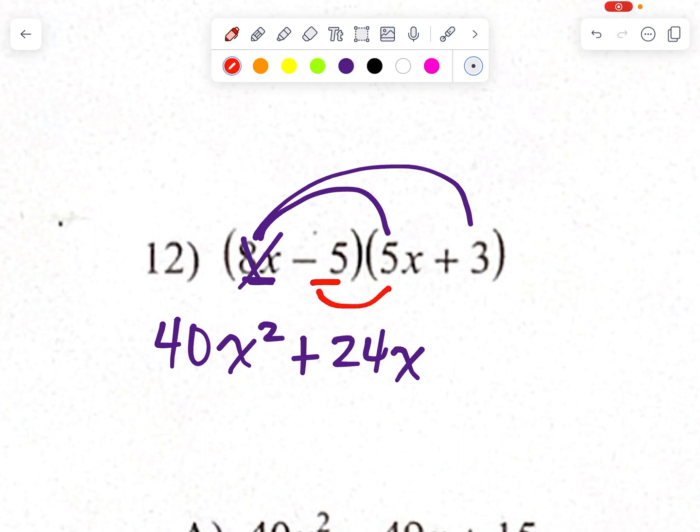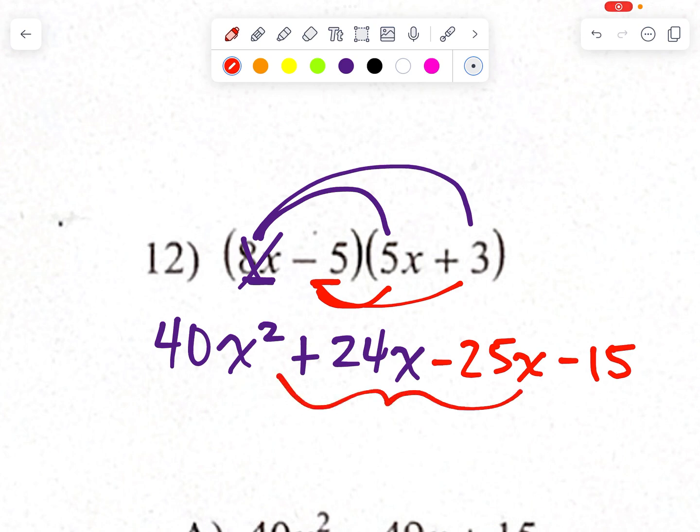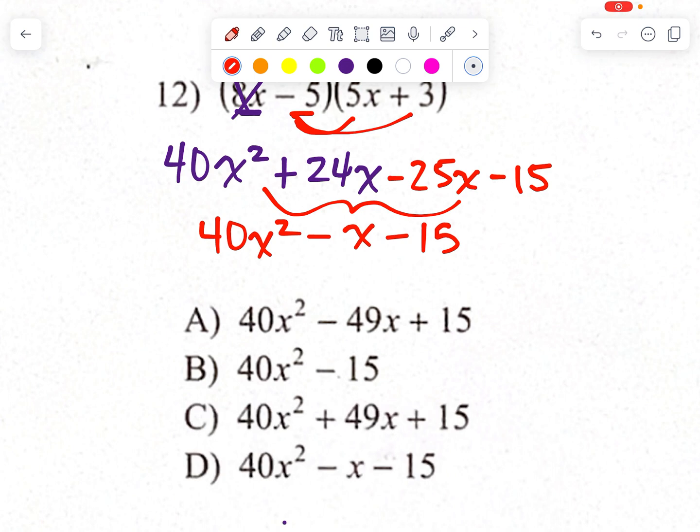Now we're going to multiply the -5 over. -5 times 5 is -25. But don't forget about the x. -5 times 3 is -15. We're going to combine like terms in the middle. That gives us -x. Bring down what you have left. We'll match our answer up, and we see our answer is D.